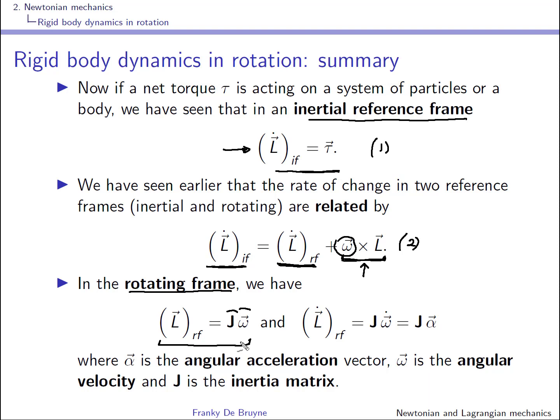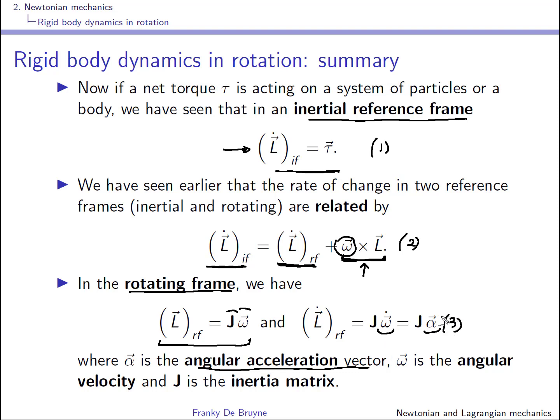You can derive the derivative in the rotating frame, and you'll have a derivative appearing here. This one we'll write this way, and this is then the angular acceleration vector, the derivative of the angular velocity. This is equation 3.